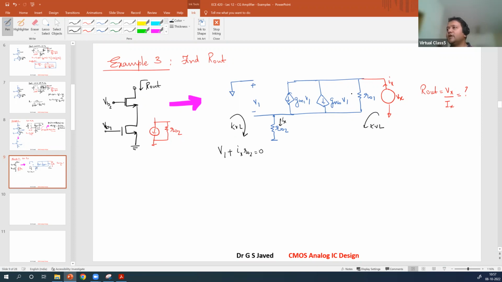Now apply KVL on the same. So this Ix will now get divided into 3 currents here. Apply KCL at this node, or you apply the KVL here. If you apply the KVL, start with Vx, then the sum of these two currents, plus this value.